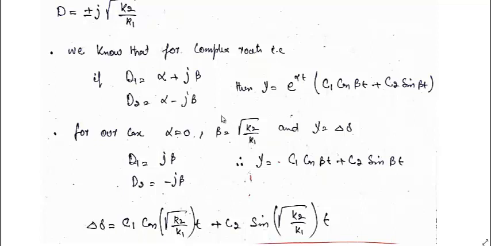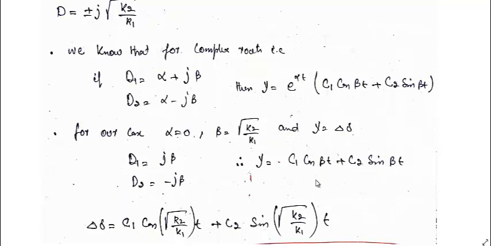So d1 is equal to j beta and d2 is equal to minus j beta, where beta is equal to square root of k2 by k1, and y is equal to d delta. So finally, when alpha is equal to 0, y is equal to c1 cos of beta t plus c2 sin of beta t, where c1 and c2 are the constants of integration.